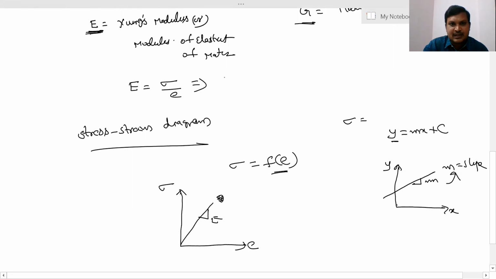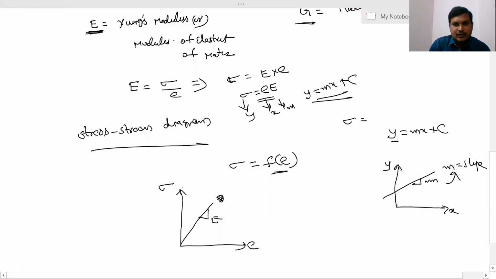so Young's modulus E is equal to stress by strain, then stress is equal to Young's modulus into strain. We can write it as sigma equal to E into epsilon. So this is nothing but y, this is nothing but x, this is nothing but m. It looks like y is equal to mx plus some constant c.